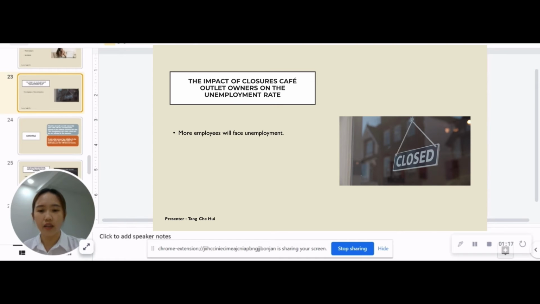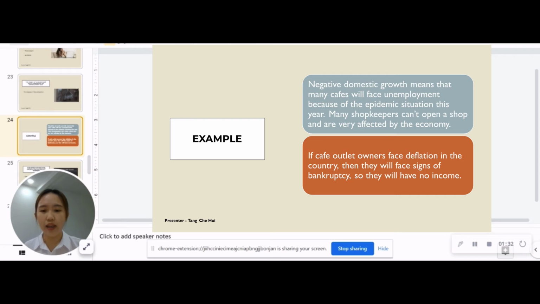And the next, the impact on the cafe outlet owner of the unemployment rate. The more employees will face unemployment. For example, negative domestic growth means that many cafe outlets will face unemployment because of the economic situation this year.